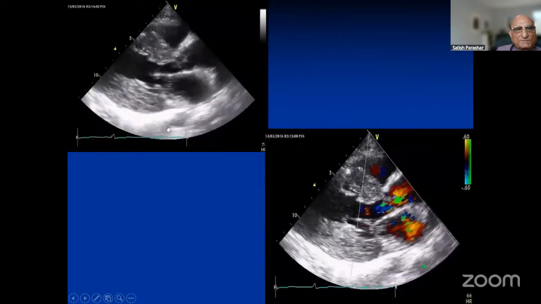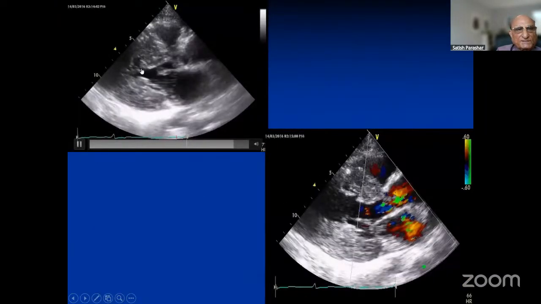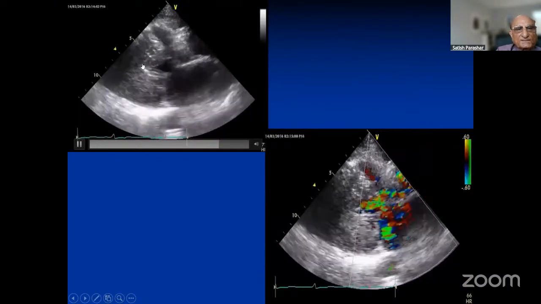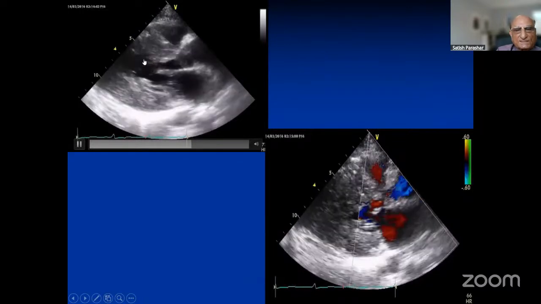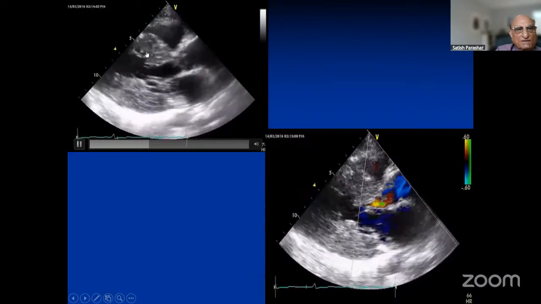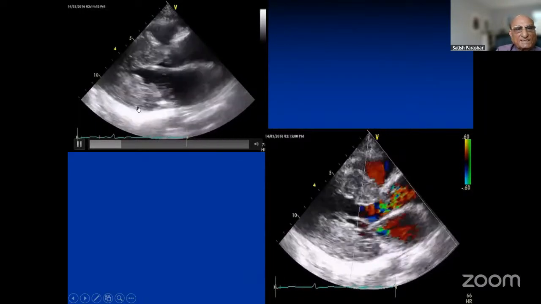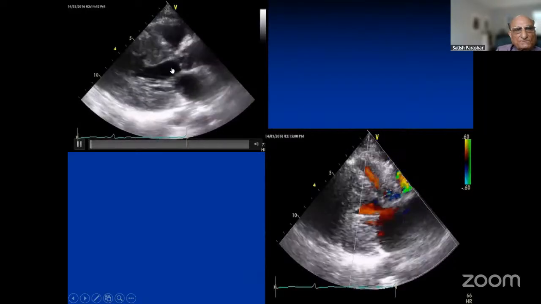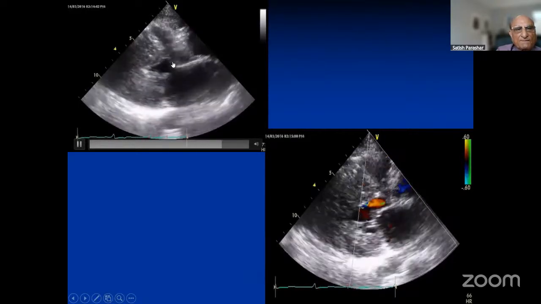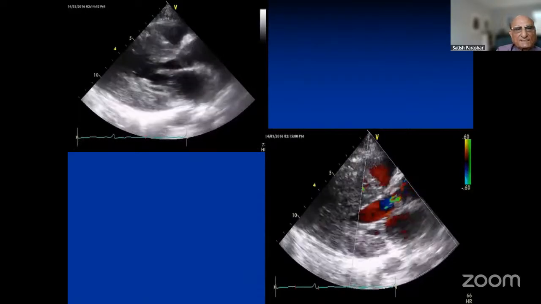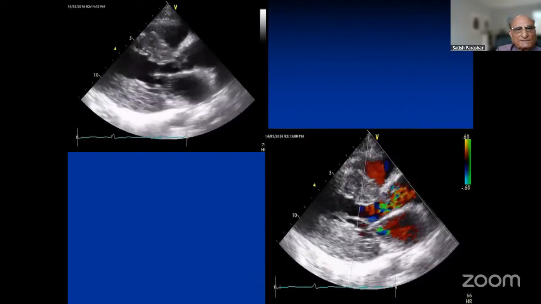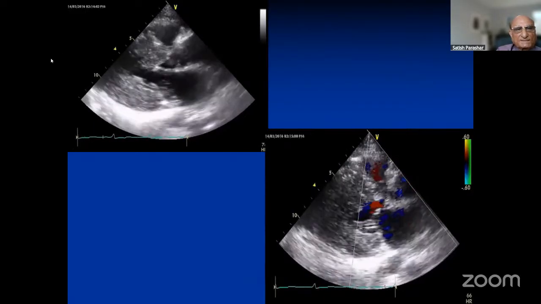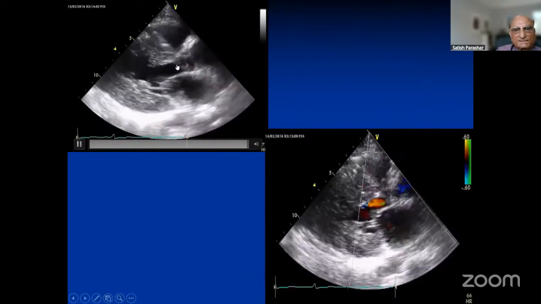In one of them, the patient had a massive hypertrophy. This patient was referred as a case of hypertrophic obstructive cardiomyopathy. So our policy is that in every case of HOCM, we always see the subvalvular area. We never miss the subvalvular area. So always look for a SAM and always look at the subvalvular area here.